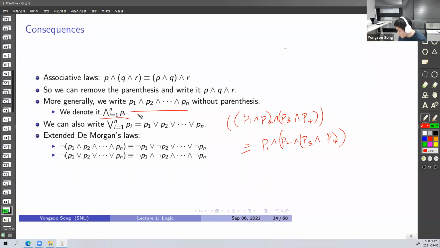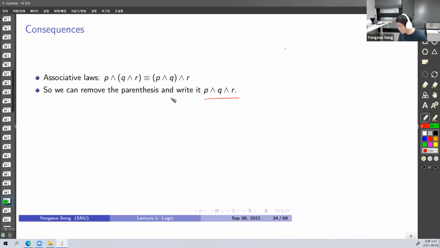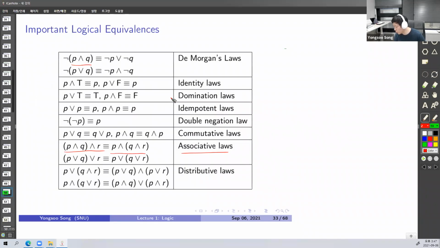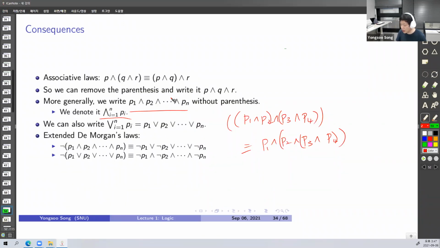And the same applies for the OR operation. And here's the extended De Morgan's law. The previous one was De Morgan's law for two propositions, and you can easily extend these laws to multiple propositions.